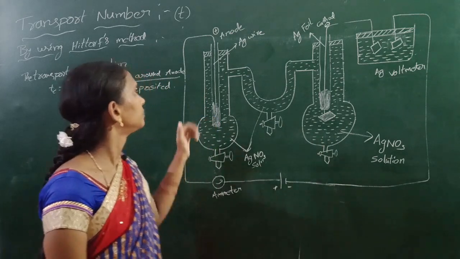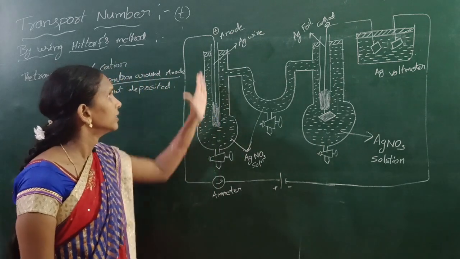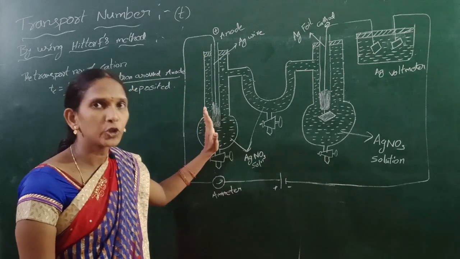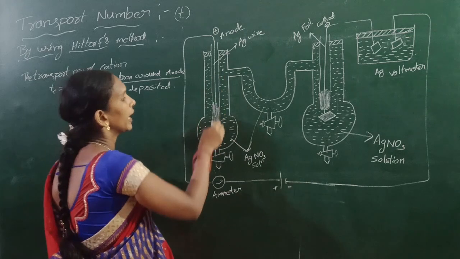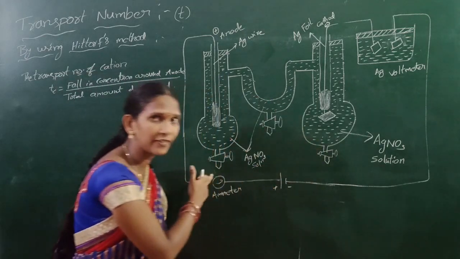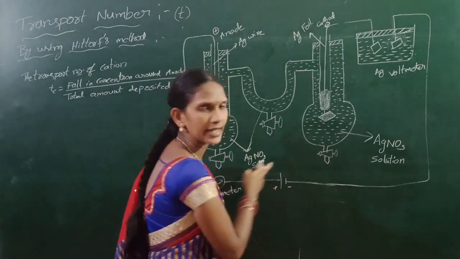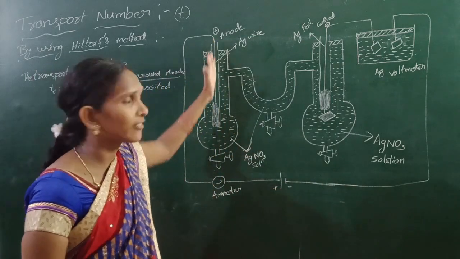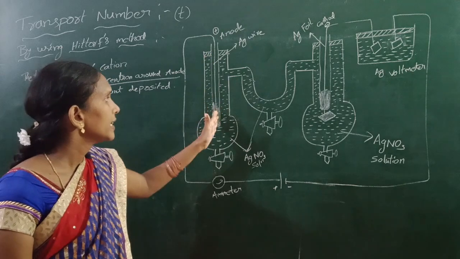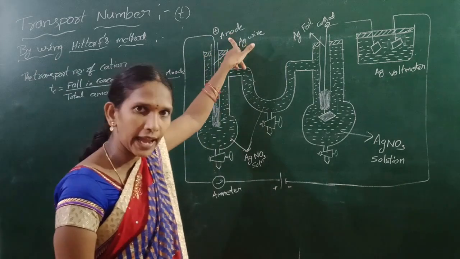Okay, next. This whole apparatus is filled with standard AgNO3 solution. The first glass tube contains a silver wire. It acts as an anode.